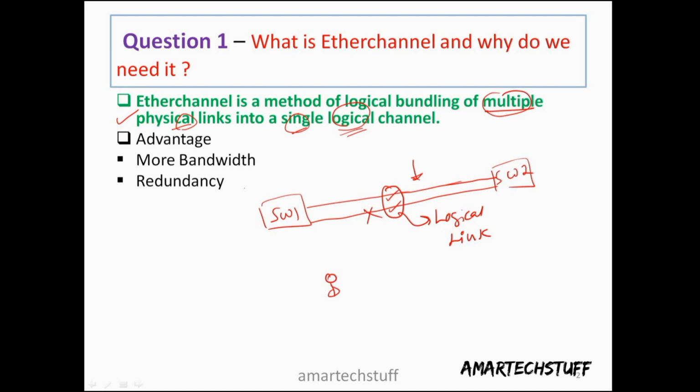So by using this, we're going to achieve more bandwidth, and both links are going to be utilized. We are having more bandwidth, and the other advantage is redundancy, because we are still having two links, so we get the benefit of redundancy as well. So this is why Etherchannels are introduced in the network and they are very useful in the network.